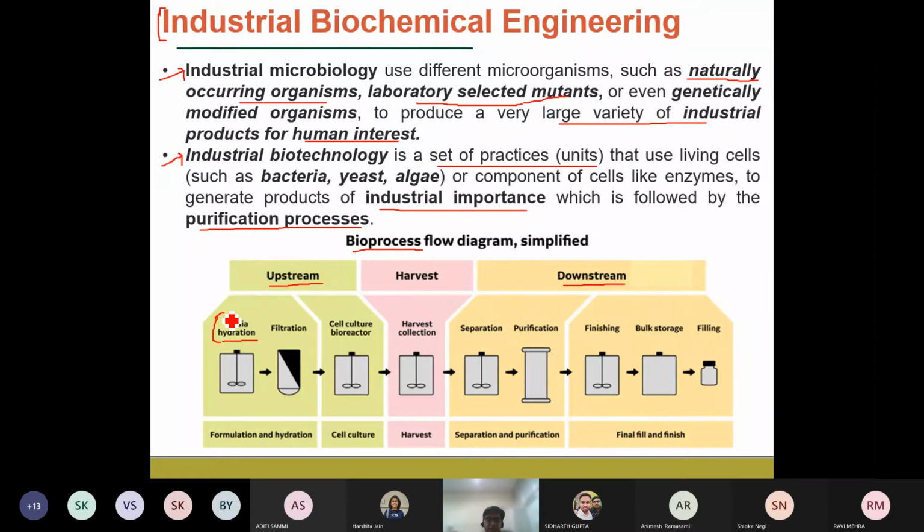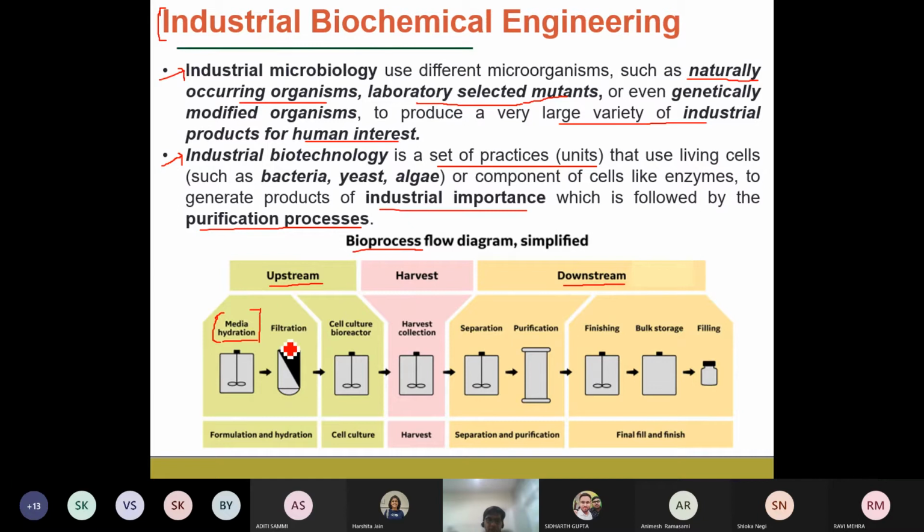Some bacteria require sulfur or vitamins and other chemicals in very small quantities, and that helps in the biosynthesis pathways of the bacteria, and in that way helps the growth of these microorganisms. So first of all, we need to select an appropriate, adequate media for the growth of the microorganisms.